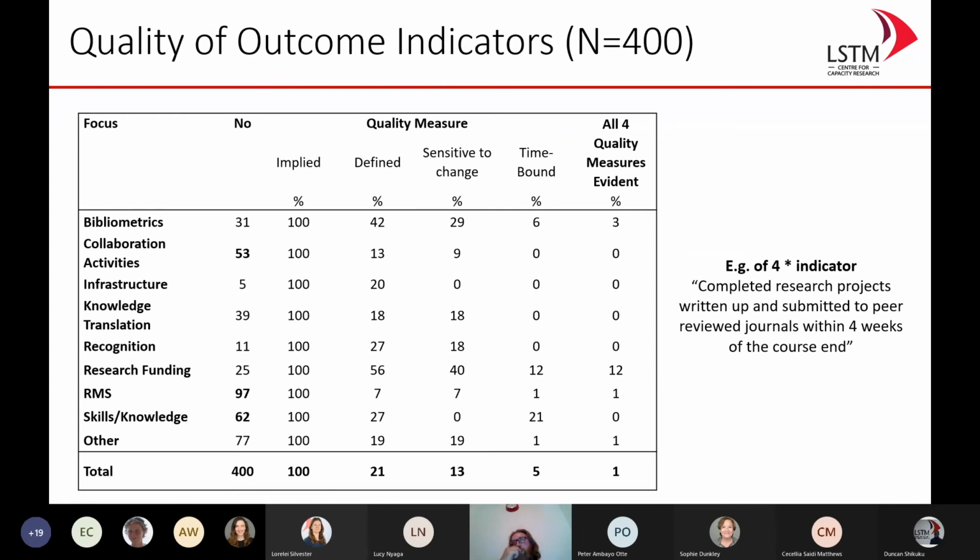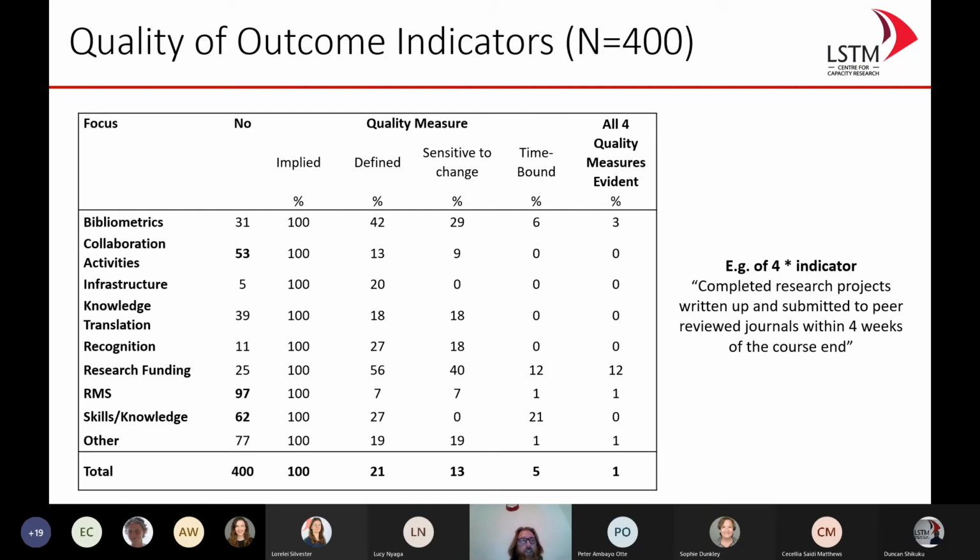The good news is we found a lot of indicators. The problem is that they really weren't of very good quality. The 668 indicators we were able to collapse to about 9 different categories. There were indicators based around bibliometrics, so number of papers published, quality of papers, things like this.